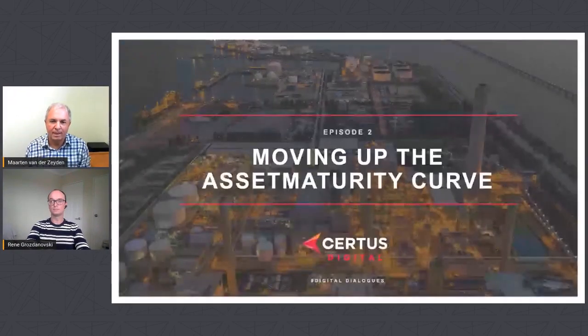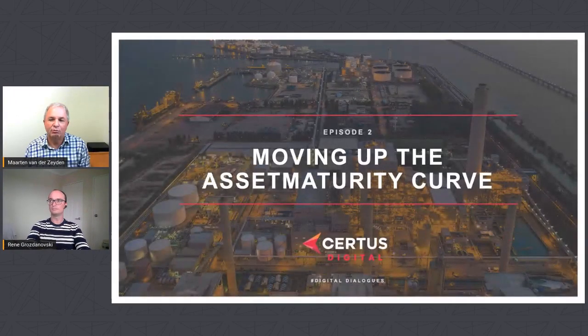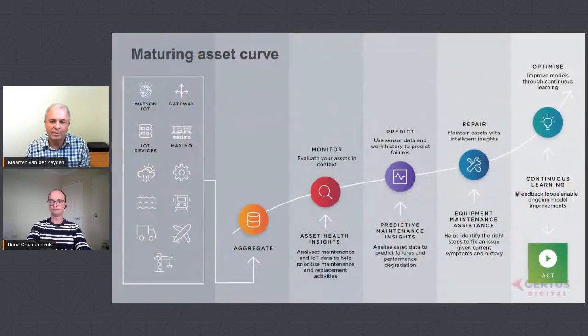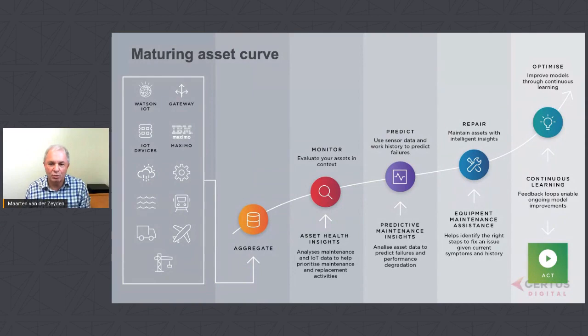Martin? Thanks, Rene. So asset maturity, if we move to the first slide, I think we've overused the term asset maturity, and maybe the second slide then, as a reason for change. You know, we've used it through the last 20 years of introducing solutions into utilities and infrastructure and asset-intensive organisations as the reason.